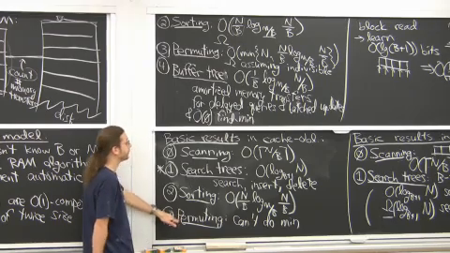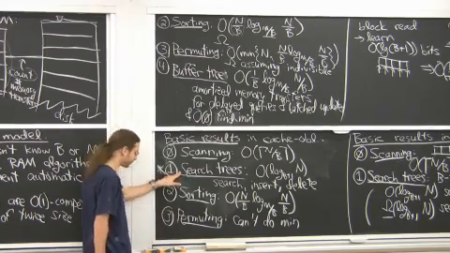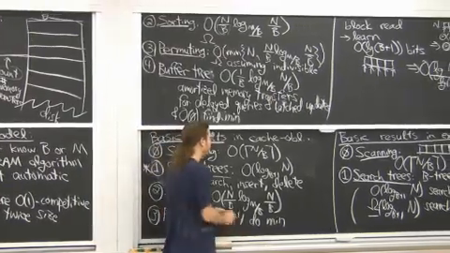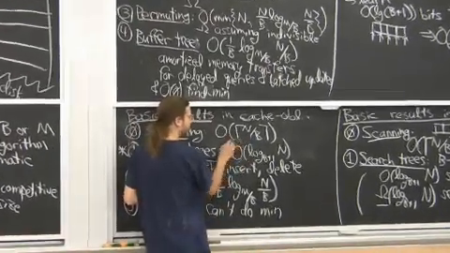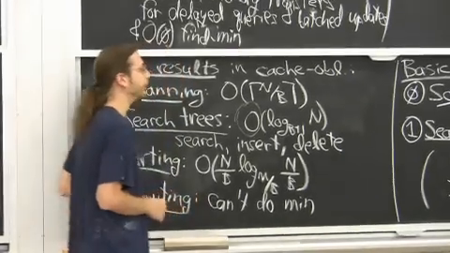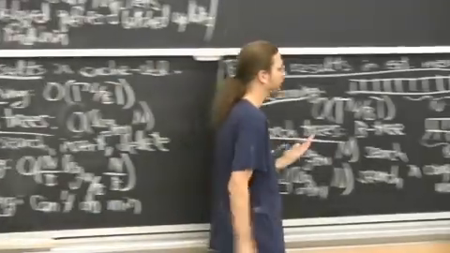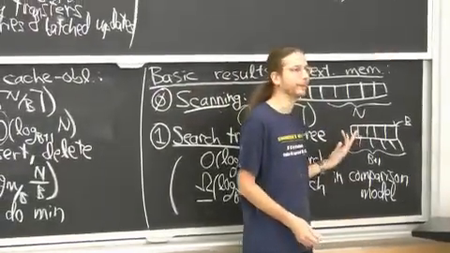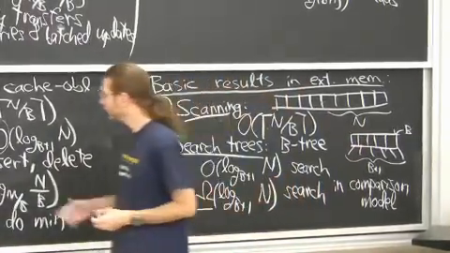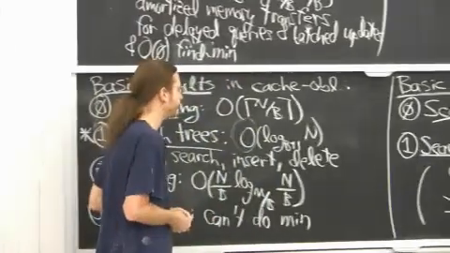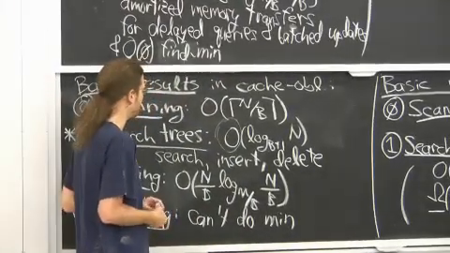Another fun negative result is actually in search trees. You might ask, what is this constant factor here in front of the log base B plus 1 of n? And for B trees, the constant factor is essentially 1. You get 1 times log base B plus 1 of n.